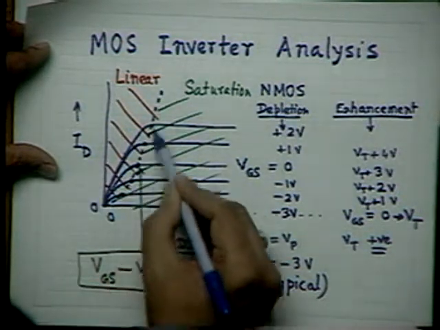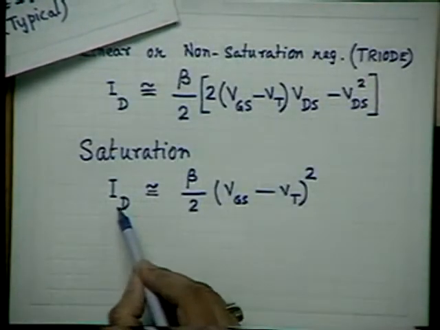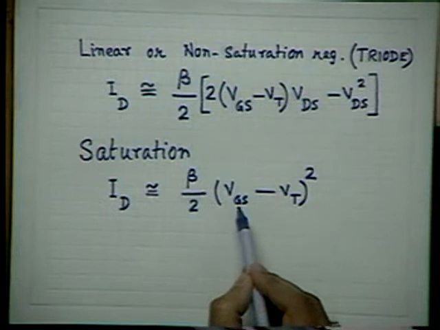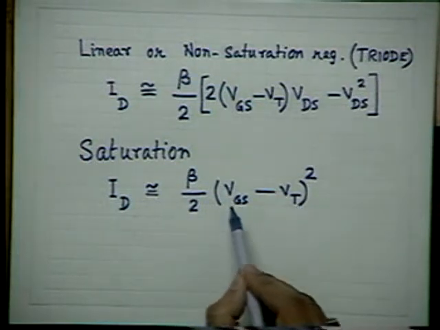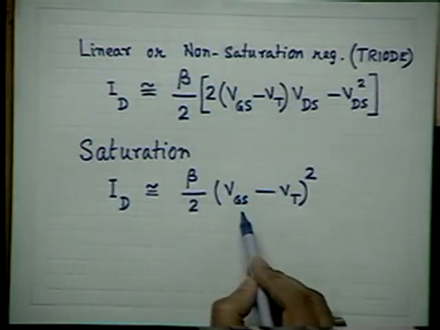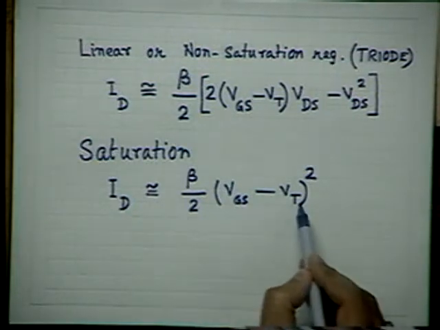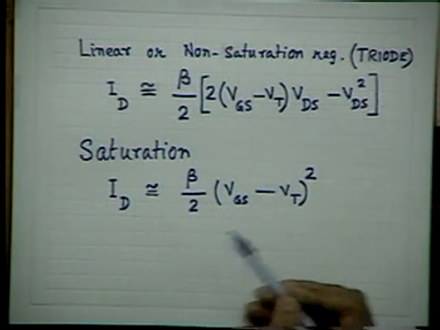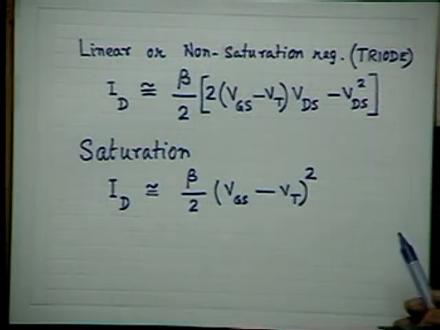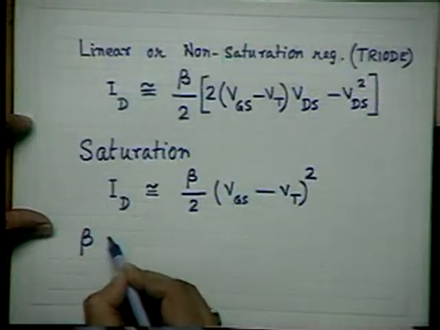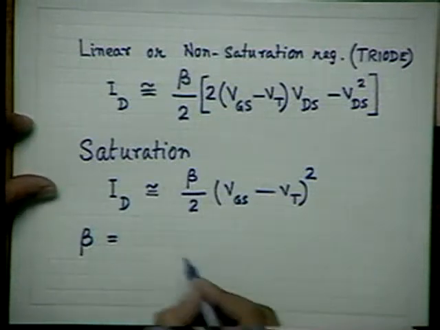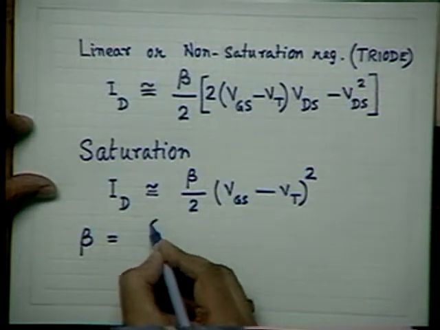And the relationship shows a parabolic kind of behavior, which is reflected in this relationship. You see that ID is proportional to VGS minus VT whole square. For values of VGS up to VT, the current is 0. But as VGS exceeds VT, the saturation current increases following a square law relationship. In the two relations, beta is a parameter given by a formula like this.